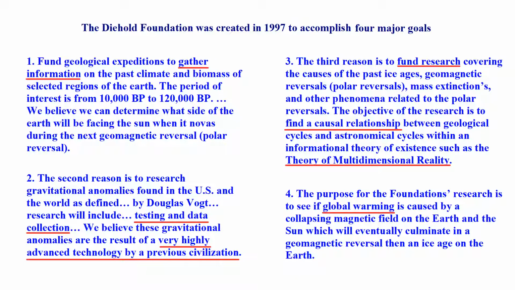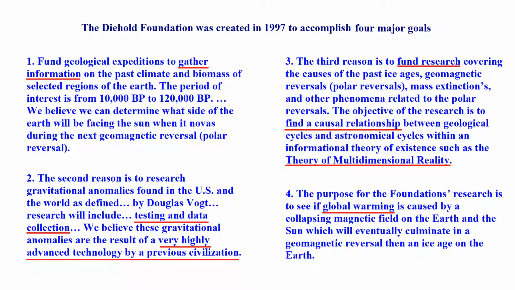In other words, he's going to look at this period, essentially the Upper Paleolithic, when he thinks that maybe there was some climate change going on and that maybe caused the extinction of some species, and it was triggered in turn by this thing that he calls the nova. "We believe we can determine what side of the Earth will be facing the sun when it novas during the next geomagnetic reversal, polar reversal."